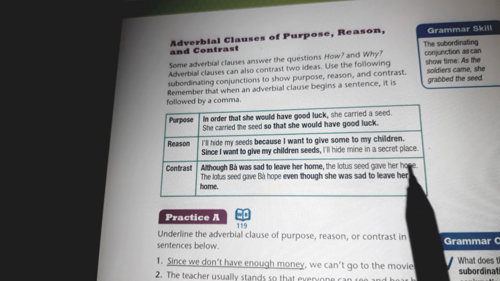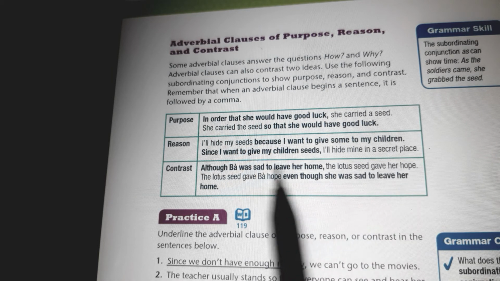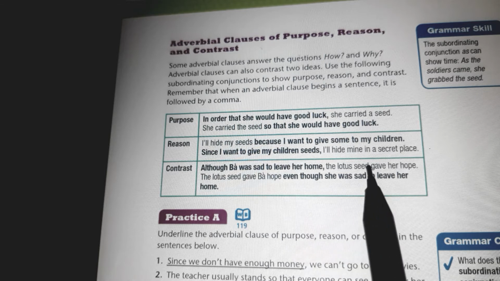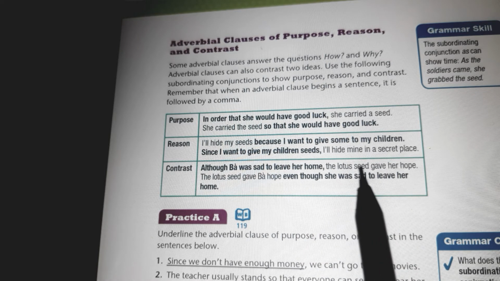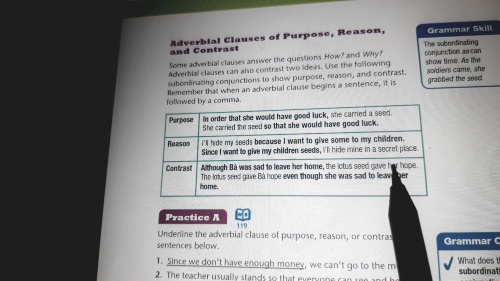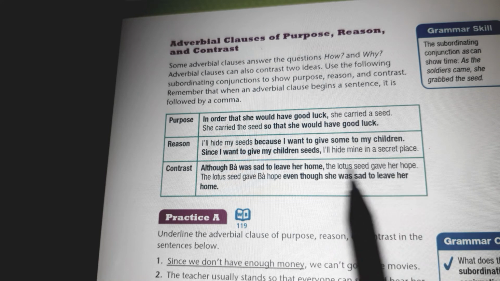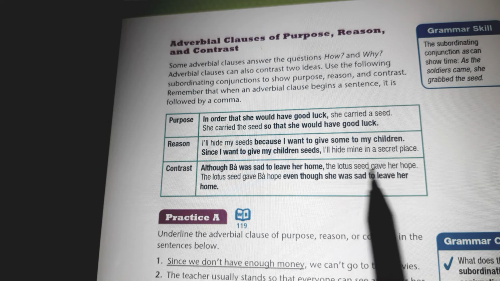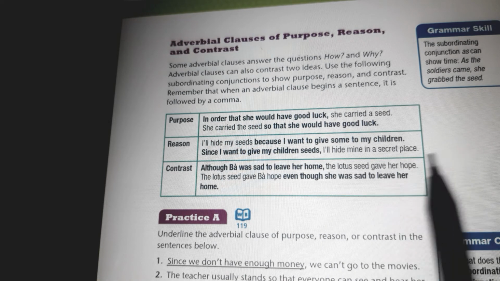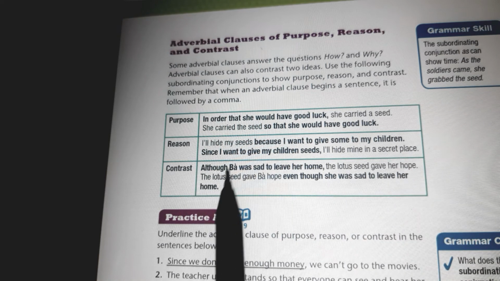That she will have no hope because she's sad. But although she felt sad, she got hope, and the lotus seed gave her hope. This is an unexpected result. The unexpected result, the surprise in this sentence, is usually away from the word although. It's actually the other part of although.